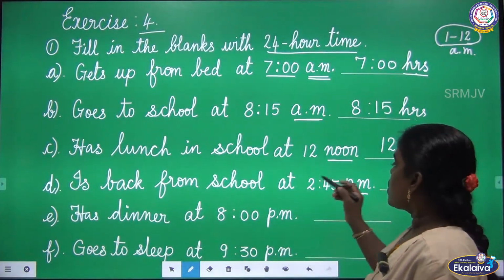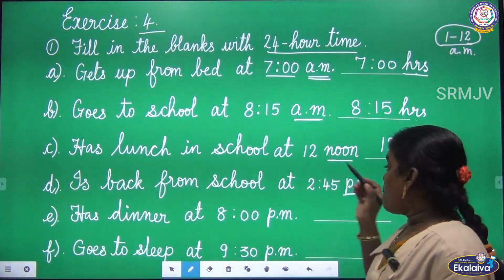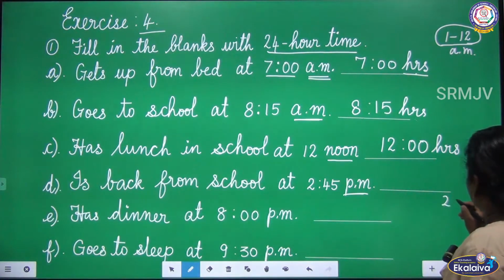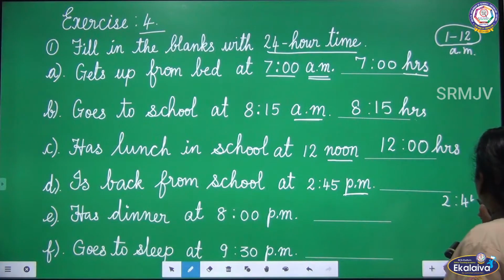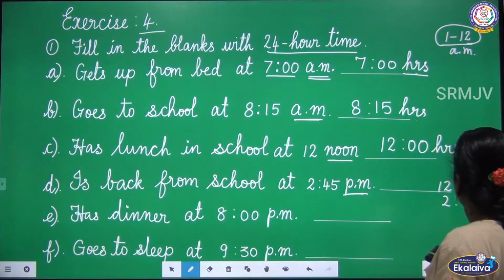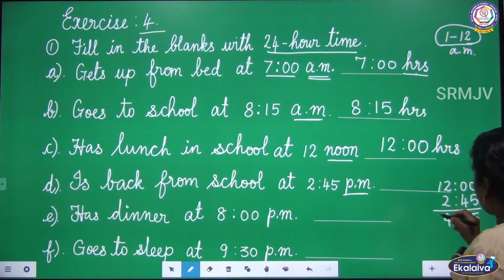To convert 12 hours clock into 24 hours, if PM is given, you have to add 12 with the given time. So we are going to add 12. 2 plus 12 is 14.